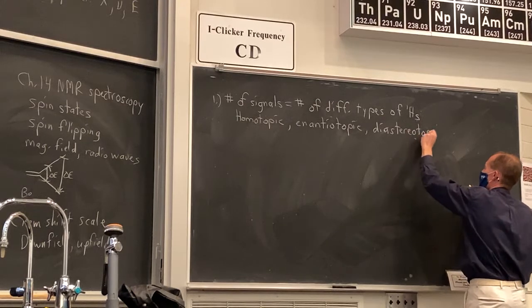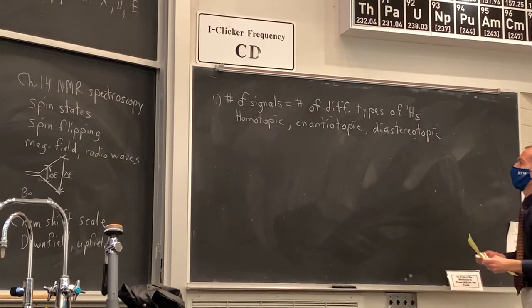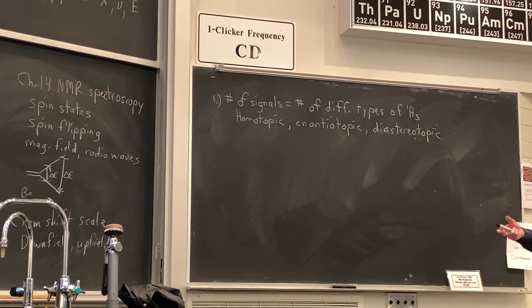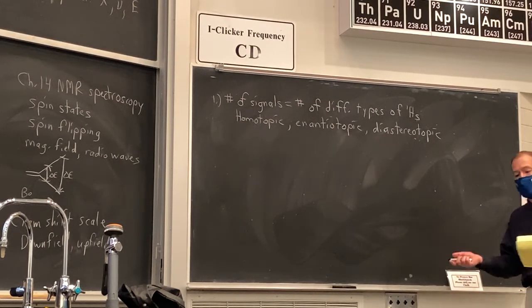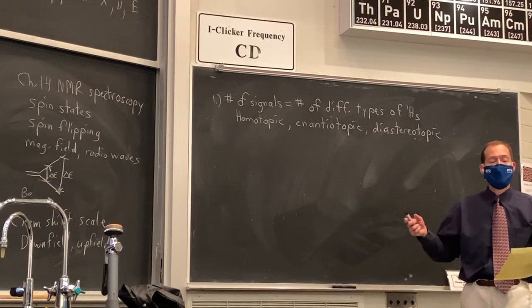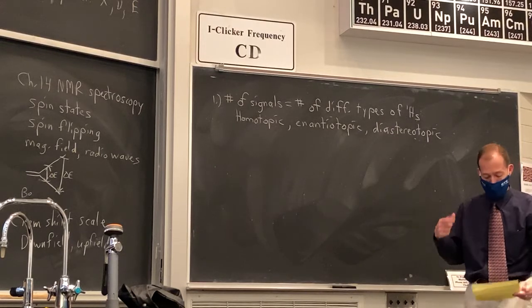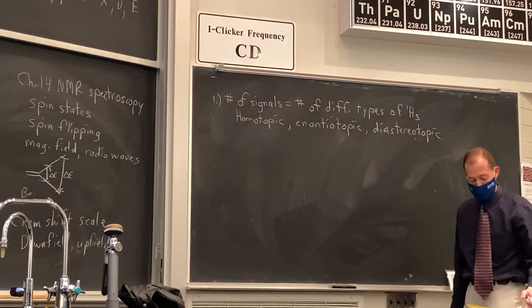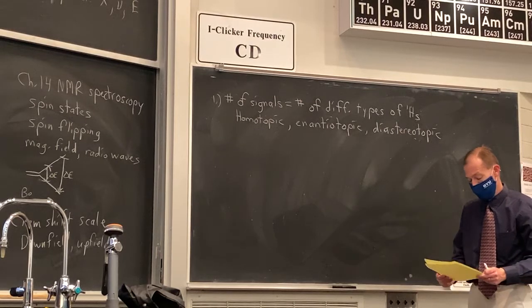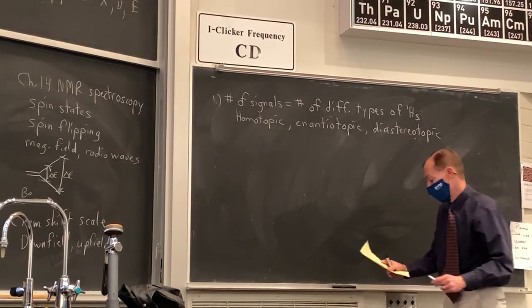So it's important for you to be able to identify pairs of hydrogens as being homotopic, enantiotopic, or diastereotopic, and knowing which ones are equivalent in the NMR, which ones will give a single signal, and which ones are not, which ones will give multiple signals, okay?